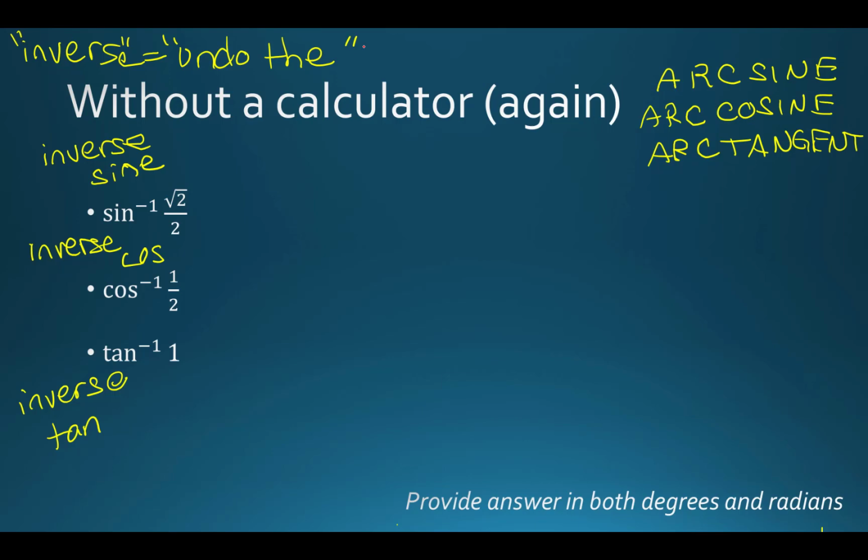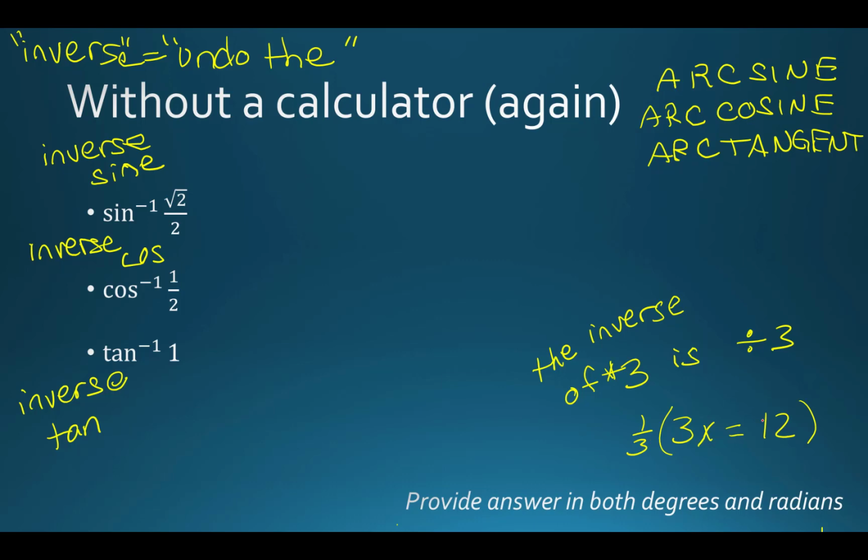So inverse in math, except with an E on it, means undo. Like the inverse of times 3 is divided by 3. So if I have 3x equals 12, then I multiply by the inverse, and I get x equals 4.